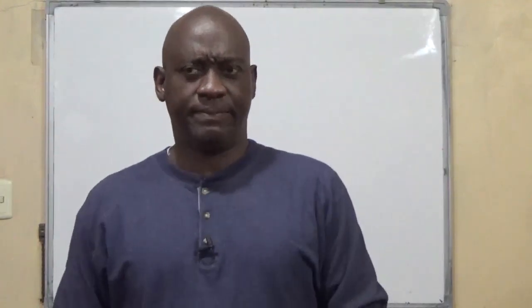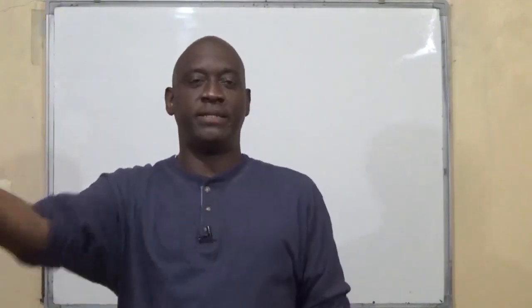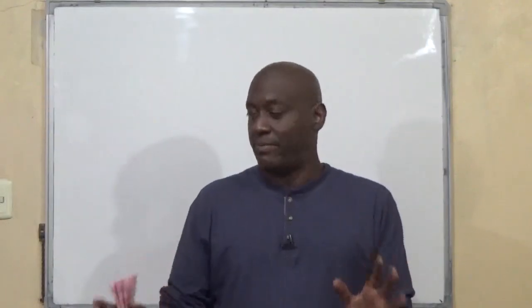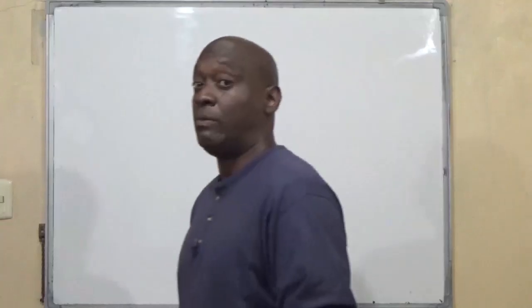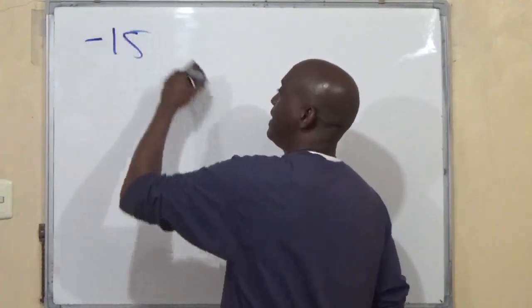On the other hand, if instead of money being paid to me, I am the one now paying the money to somebody else. In that case, instead of representing the 15 as plus 15, what I would do is represent the 15 as minus 15.